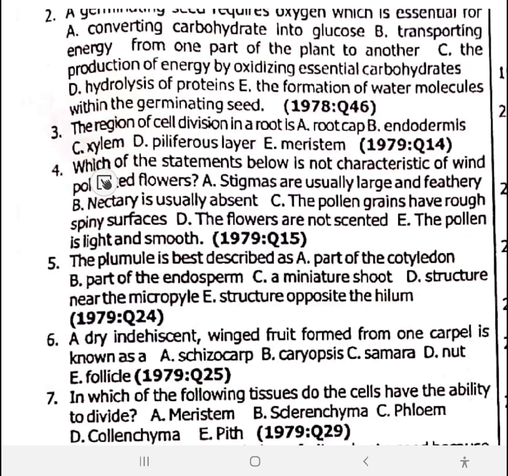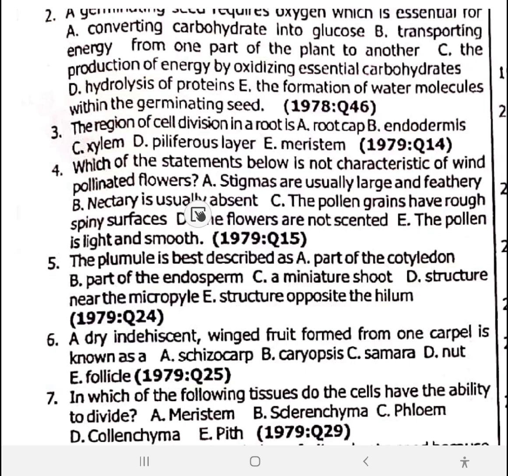Number 4, which of the statements below is not a characteristic of wind pollinated flower? Similar to question 1. Let me go through it myself. Stigmas are usually large and feathery.